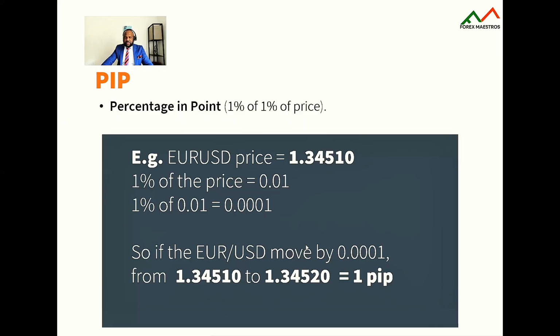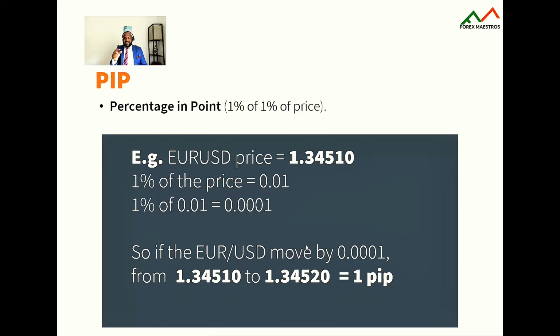What is the difference between volatility and momentum? Volatility talks about how prices move fast or slow. If prices move so fast in a short period of time, that is the definition of volatility.